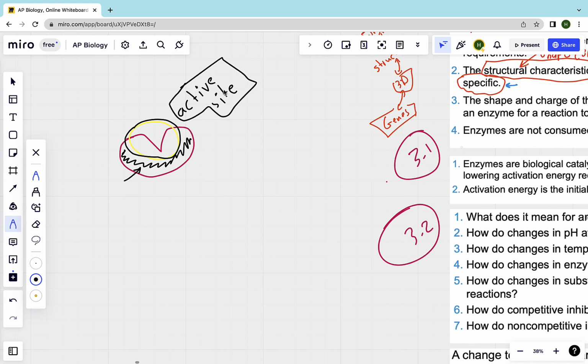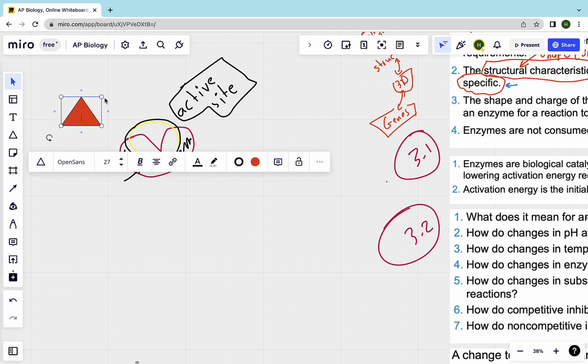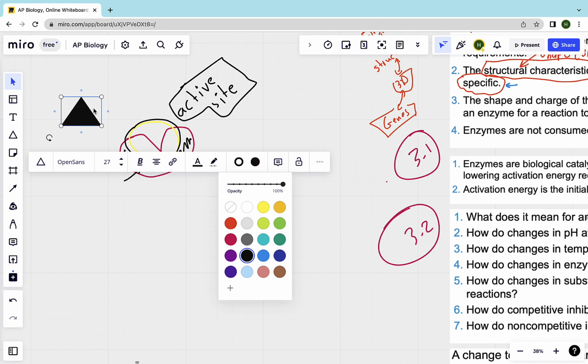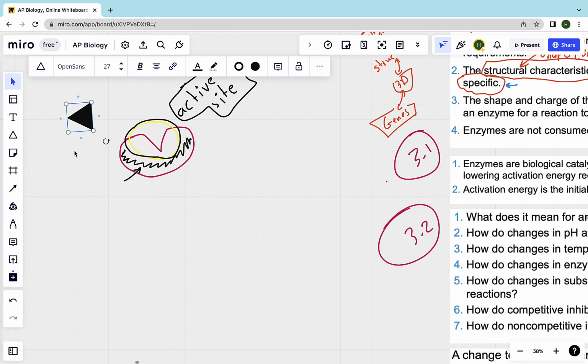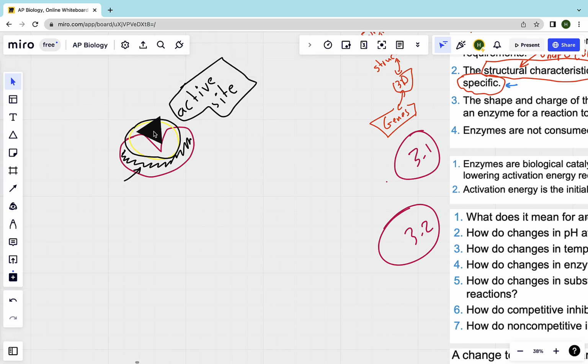If there are changes in the active site, or what if, think about this, and this is coming next: what if I block the active site? No, that's not denature. Imagine that I put something and block the active site.